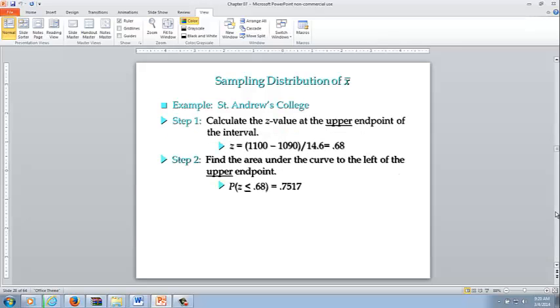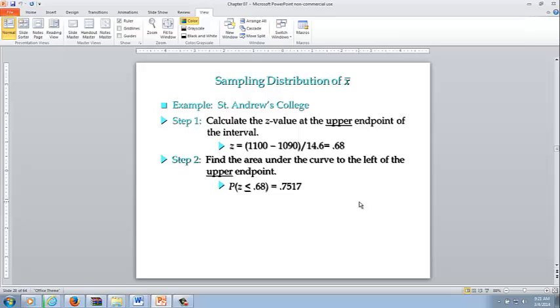Hence, first calculate the probability that the sample mean will be less than 1100. And this is just the procedure you follow. First you convert 1100 to a z-value, and we already know the population mean, which is therefore the mean of the standard deviation, and we also know the standard deviation of the sample mean, 14.6, from page 22.